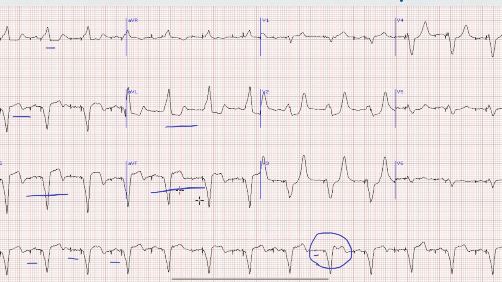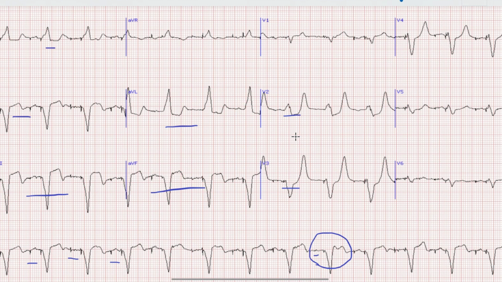Here we can see that the ST elevation in lead 2 is definitely more than 5 millimeters and it is discordant. So we have 2 points based on discordant ST elevation. Similarly, if we look at leads V2 and V3, we can find that there is more than 1 millimeter ST depression in these leads.